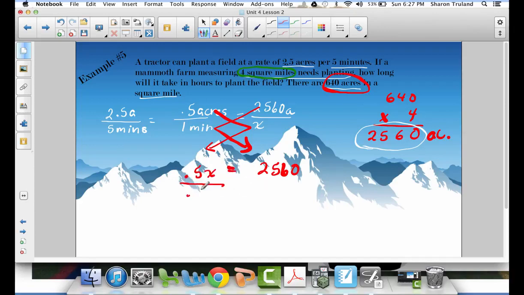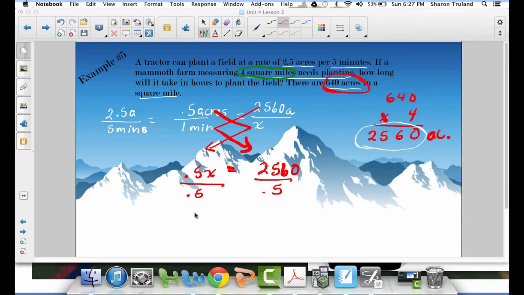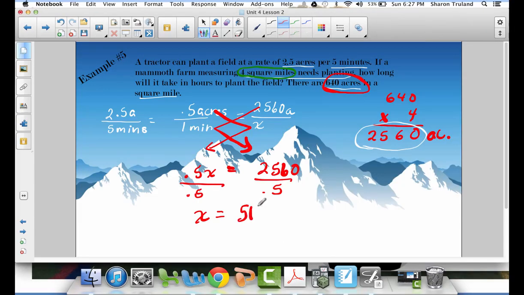I'm going to have to divide by 0.5. 2,560 divided by 0.5 equals, what was that, 5,120? 5,120 minutes. Does that answer my question?